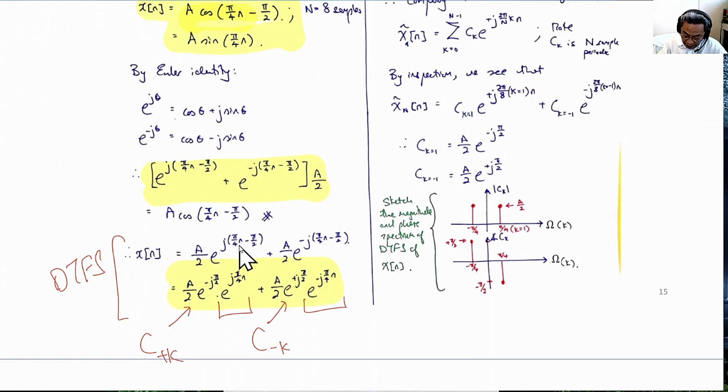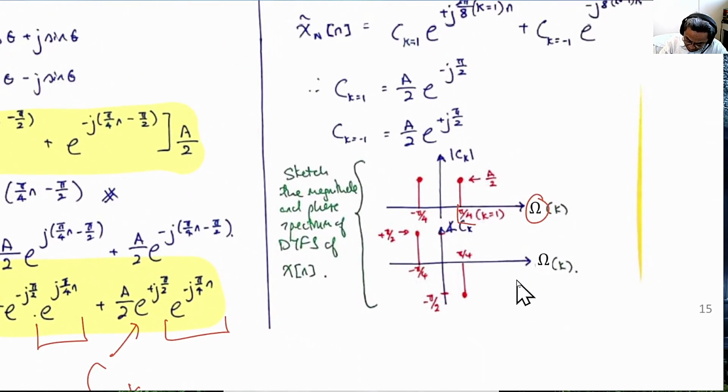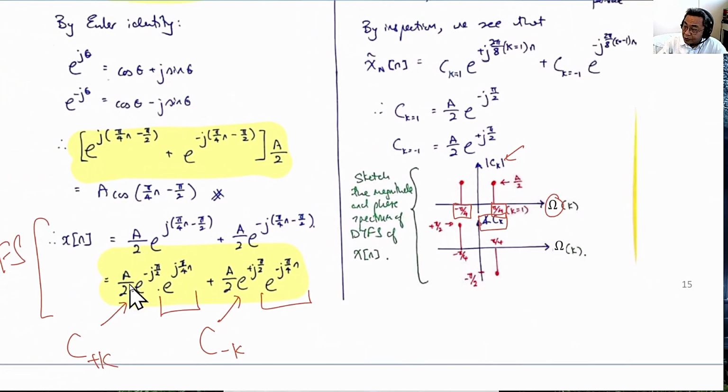If we are not interested in the representation as k, but we are using omega instead, then here we simply write omega equals pi over 4 and minus pi over 4, and we store the magnitude over here, and then we store the phase over here. So we have found the coefficient for positive pi over 4 as A over 2, so we have the magnitude A over 2 here.